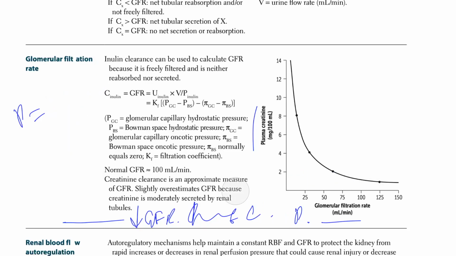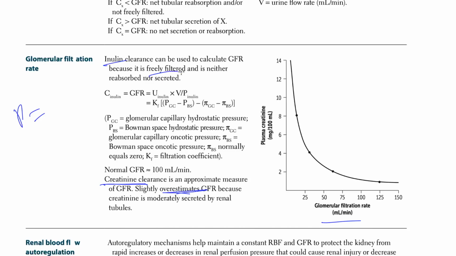Even if you don't look at that, just remember that creatinine slightly overestimates, while inulin is directly filtered. So it's the proper way to get 100% of what the GFR is.